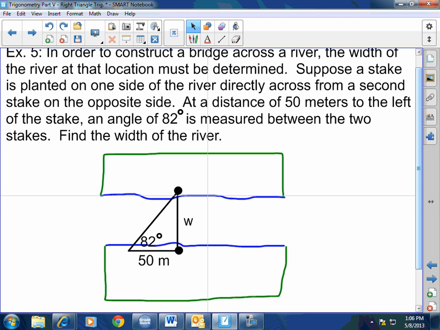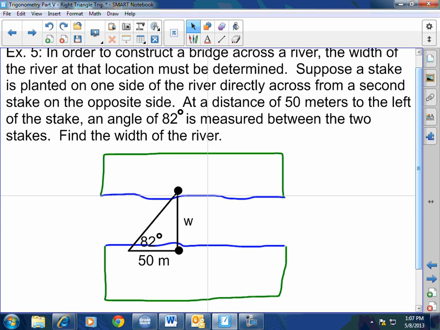You can't throw a rope across. That's not going to work. You can't go in a boat and measure it, because in a boat you're going up and down with the current and the waves. So that's not a straight line either. There is no way to measure this other than using trig. Unless it's like a foot wide, then there's no need for a bridge, right?